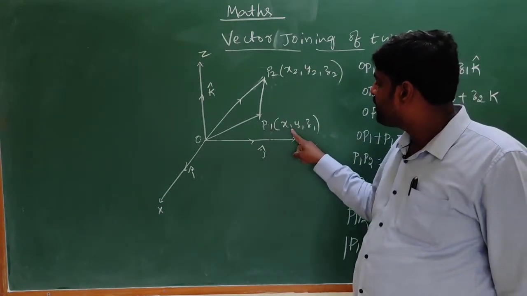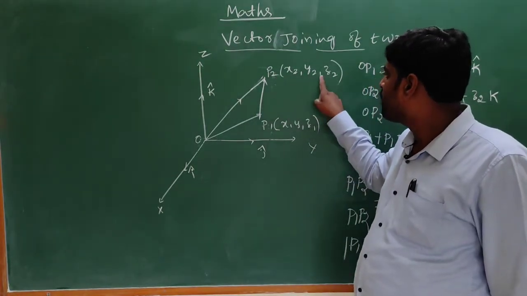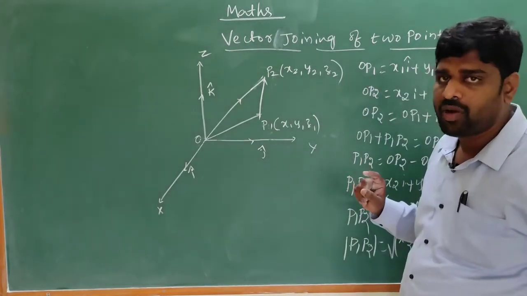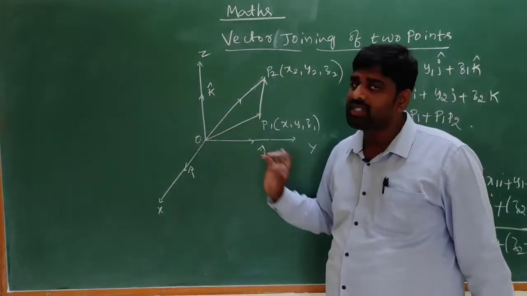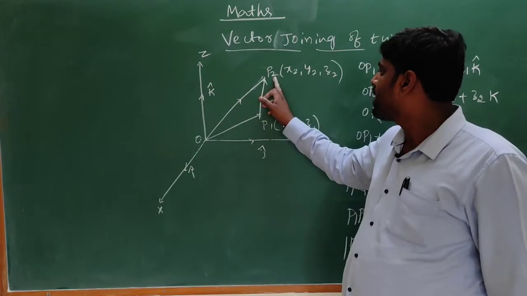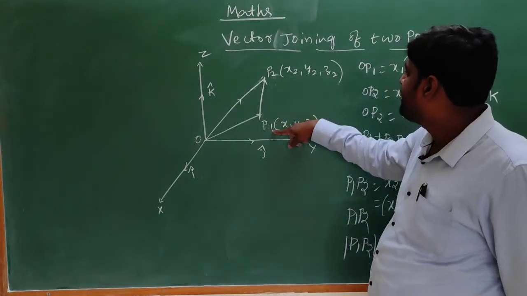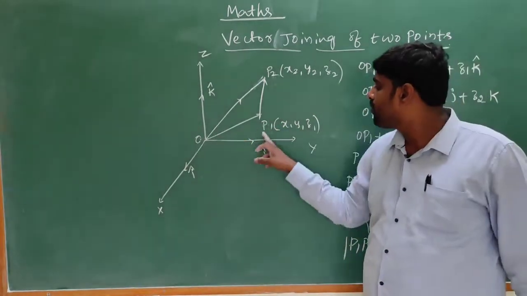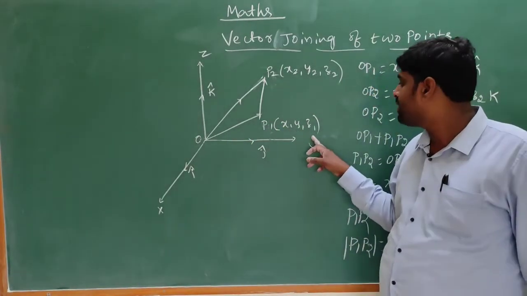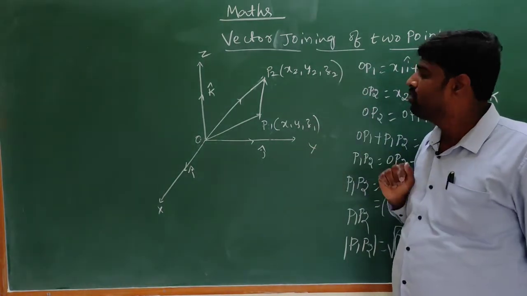Let P1 be (x1, y1, z1) and P2 another point (x2, y2, z2). Join OP1 and OP2 from origin O. Here OP1 is x1 y1 z1 and OP2 is x2 y2 z2.